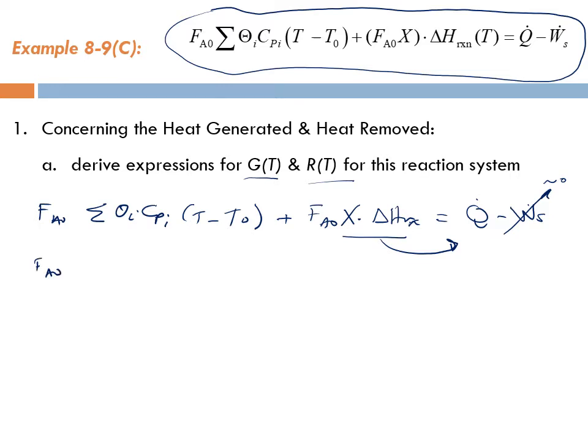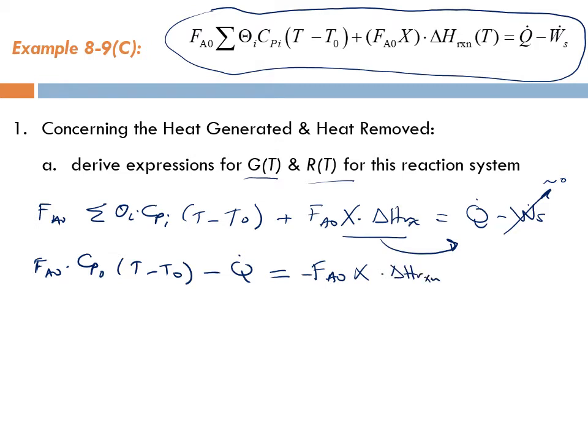Now we have F_A0, and instead of writing the summation of theta_i C_Pi, I'm just going to write C_P0, multiplied by (T minus T_0). I'll bring the Q to the other side, so that's minus Q dot, equals minus F_A0 X times delta H reaction.